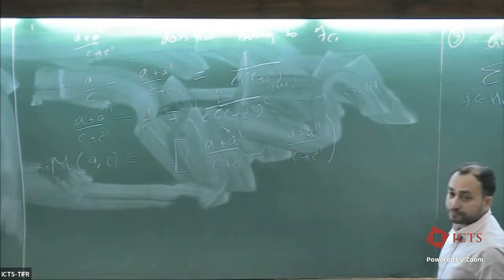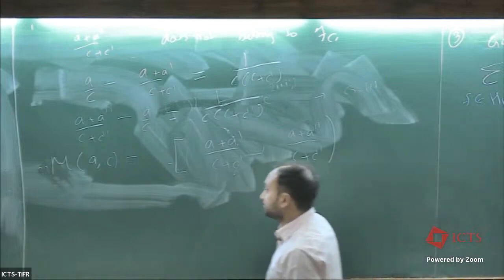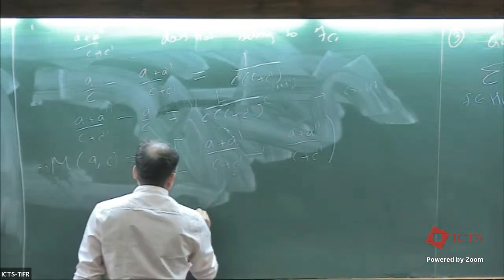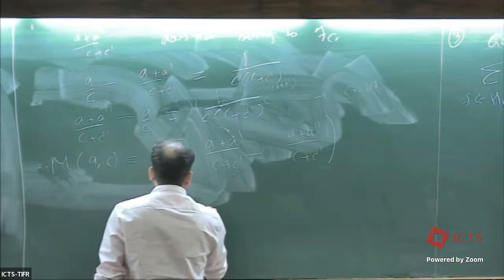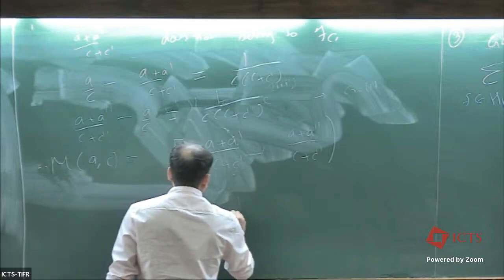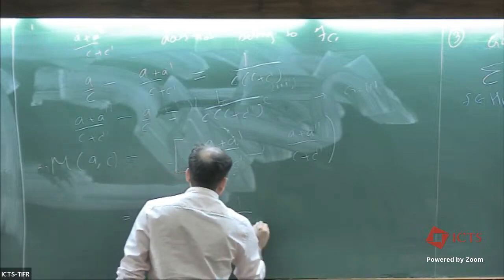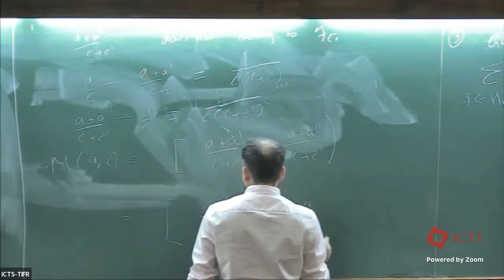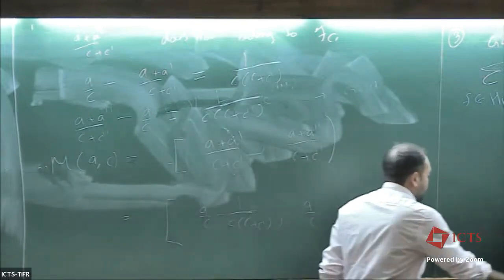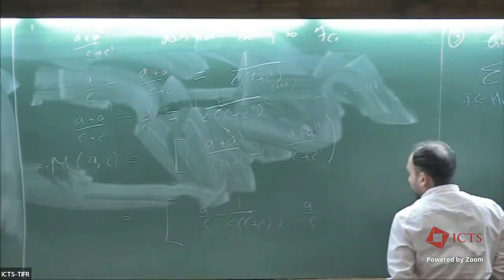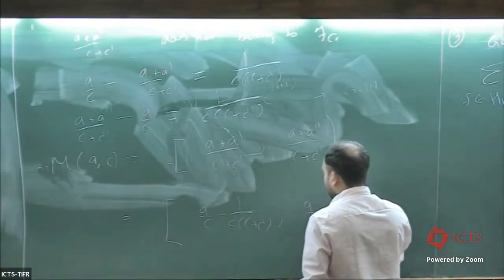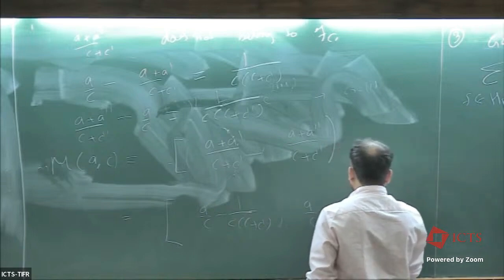And this one is A by C minus 1 by C times C plus C prime, comma, A by C plus 1 by C times C plus C double prime.